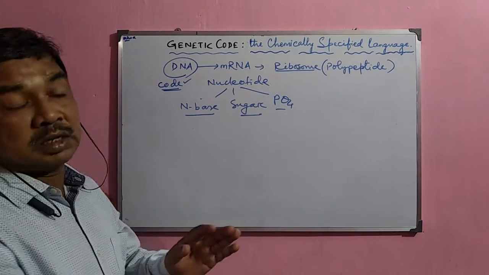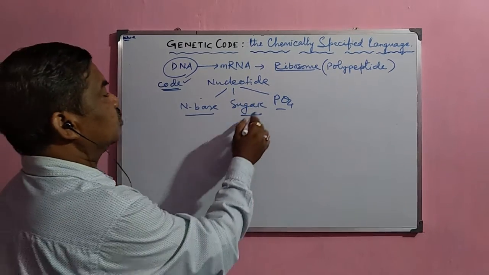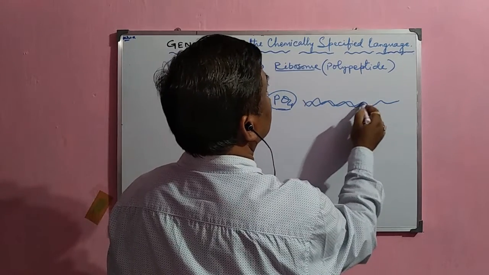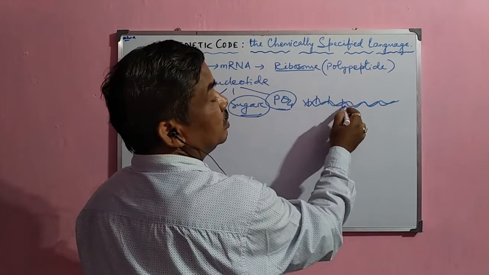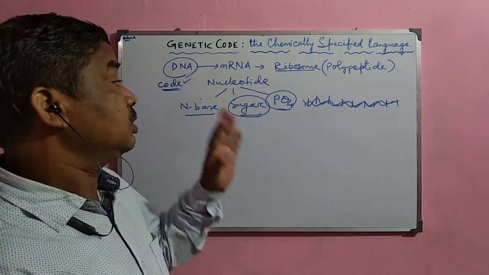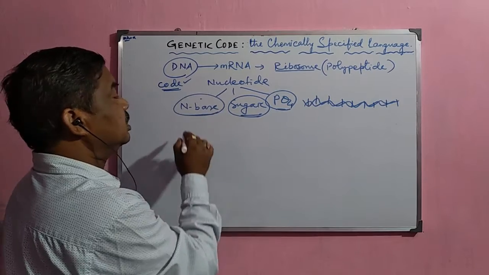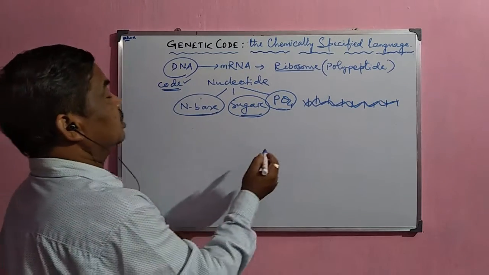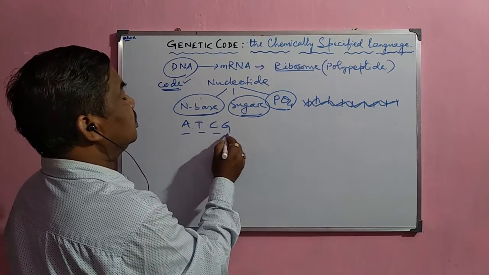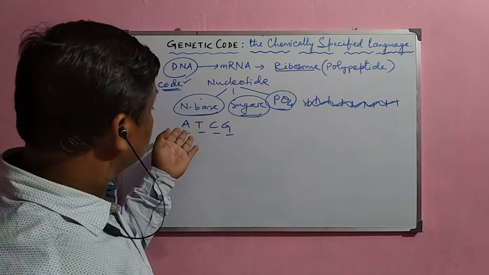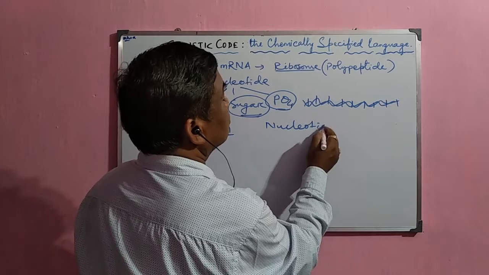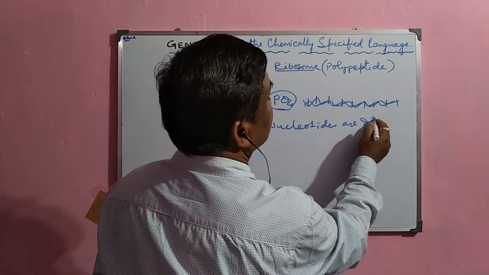Out of these three, the sugar and phosphate are the same throughout the chain. Everywhere you will find the same sugar and phosphate, and the only variation is in the nitrogenous bases, either A or T or C or G. According to this difference in the nitrogenous bases, the nucleotides differ from one another.